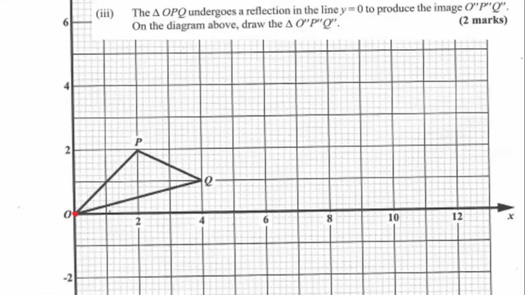The point P, which was 2 for the x and 2 for the y: the x value will remain the same, so 2 for the x will still be 2. The y value, which is 2, will be multiplied by -1. So our new coordinate for P prime will be 2, -2. And that is this point right here.